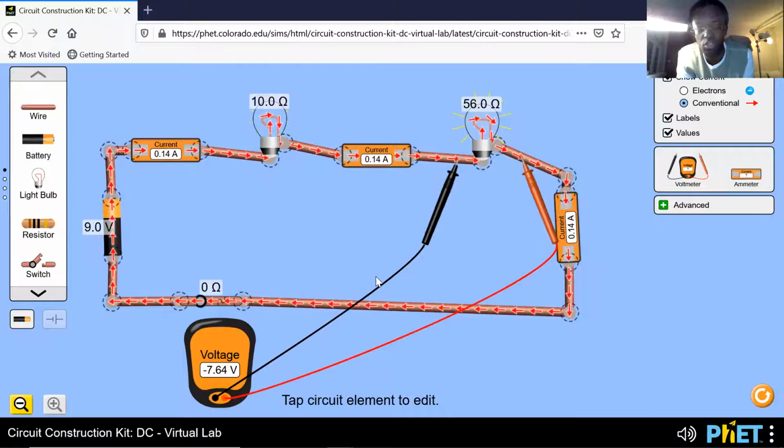Ignore the minus sign. Bigger potential difference means more energy lost. So this light bulb will shine more brightly as it's acquiring more energy from the electrons as they are losing that energy. All right. Thank you. I get it.